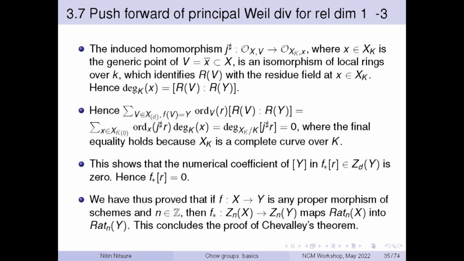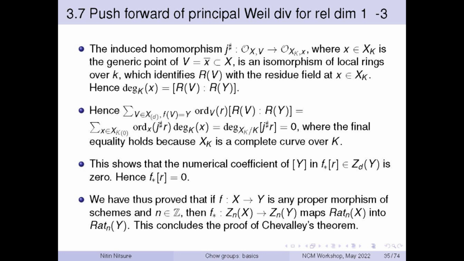And so the overall answer is the degree of this function restricted to this curve. The coefficient of the bracket Y that you are calculating is the degree of the Weil divisor on that curve. And that degree is 0, as we proved by the proposition for curves.